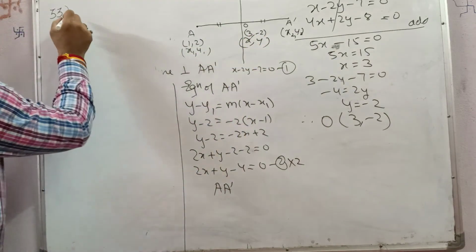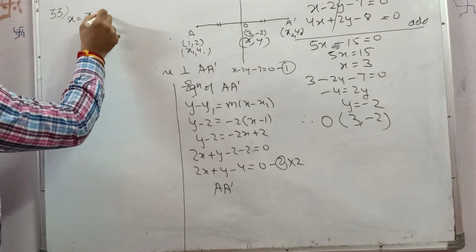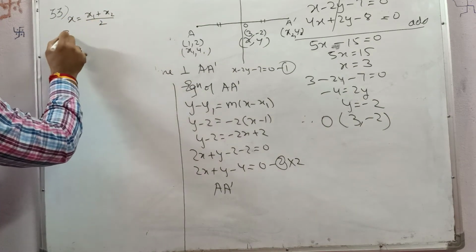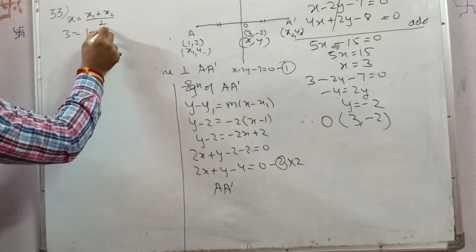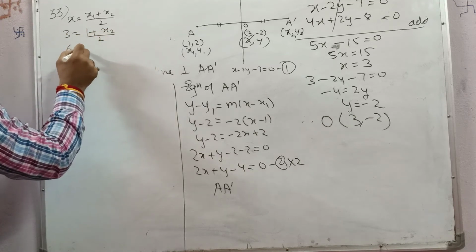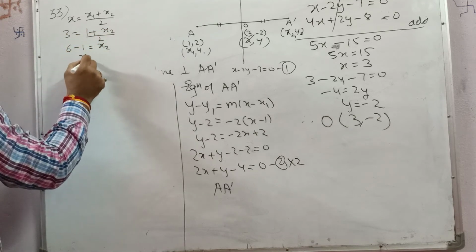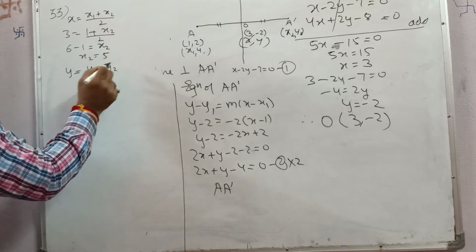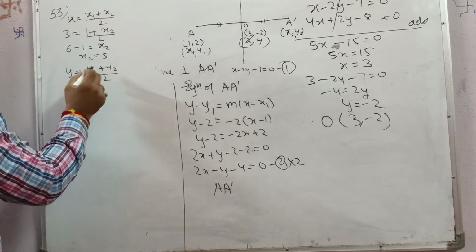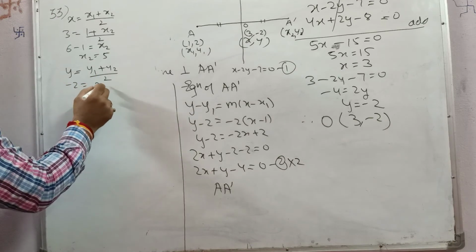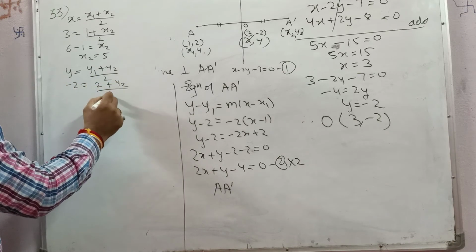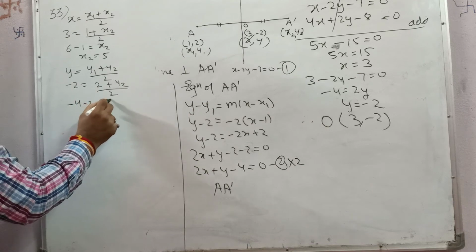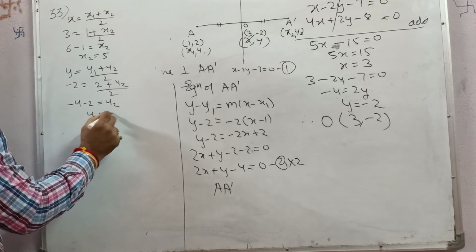So you can easily find out x is equal to (x1 plus x2) upon 2. x is 3, x1 is 1, x2 we need to find out. 6 minus 1 is equal to x2, or x2 is equal to 5. Similarly, y is equal to (y1 plus y2) upon 2. y is minus 2, y1 is 2, plus y2 we need to find out, upon 2. Minus 4 minus 2 is equal to y2, or y2 is equal to minus 6.